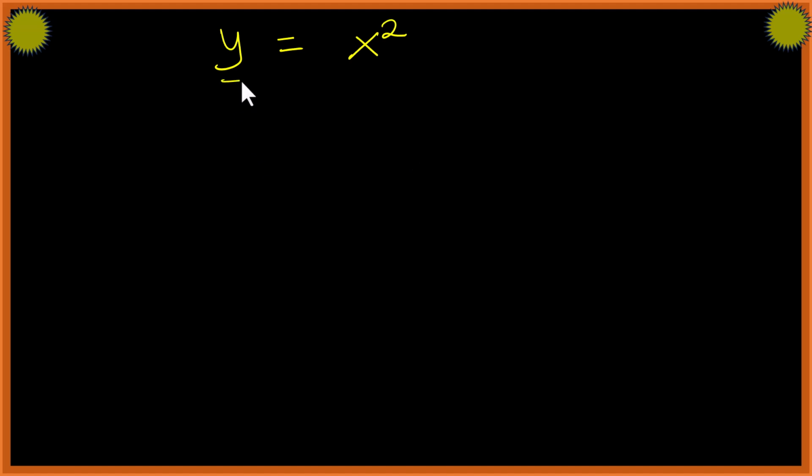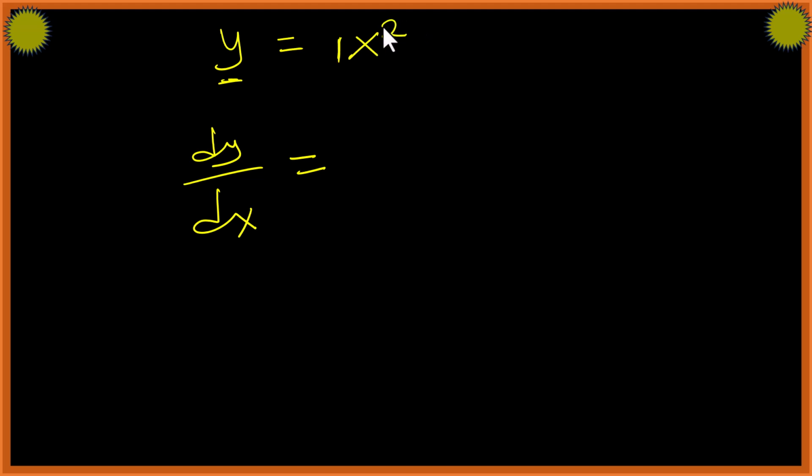Now we have y, then we have x, so my dy dx. Look at the power here. Always multiply the power by the coefficient. After that you subtract the power by 1.